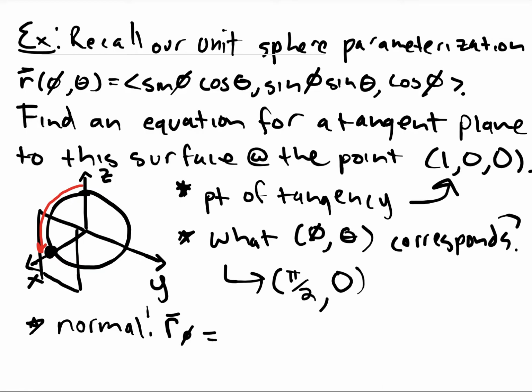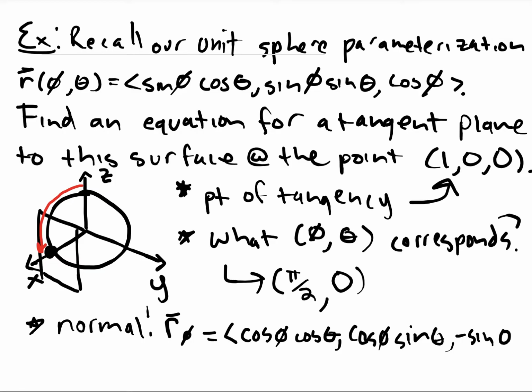Now I'll do R of phi first. If I'm looking up at that parameterization, my partial with respect to phi is just going to be cosine phi cosine theta, cosine phi sine theta, and then minus sine phi.